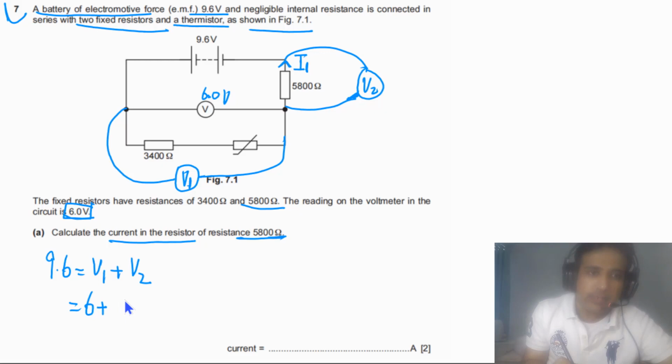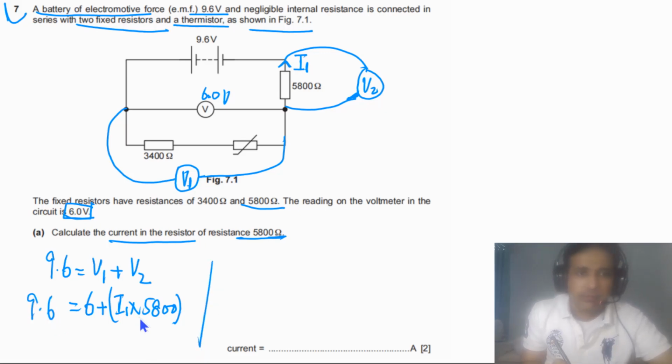We have to find the value of I1, so V2 will be equal to I1 times the resistance of this resistor, that is equal to 5800. Now simply we have to solve this one for I1. So I1 in this case will be equal to 9.6 minus 6 divided by 5800.